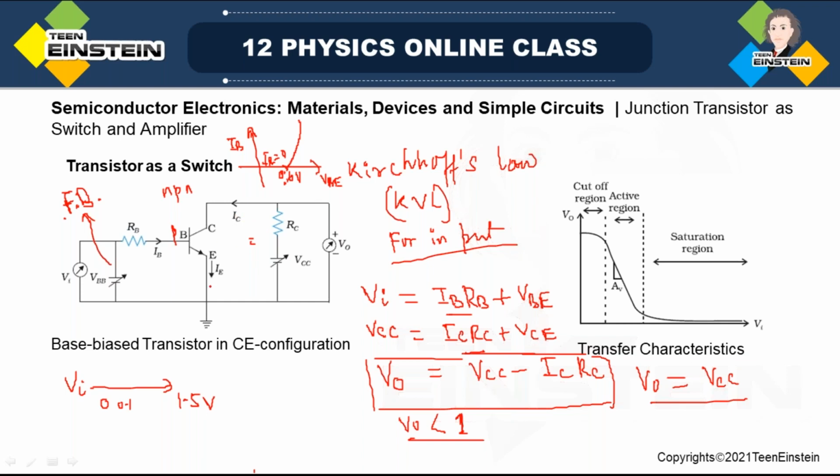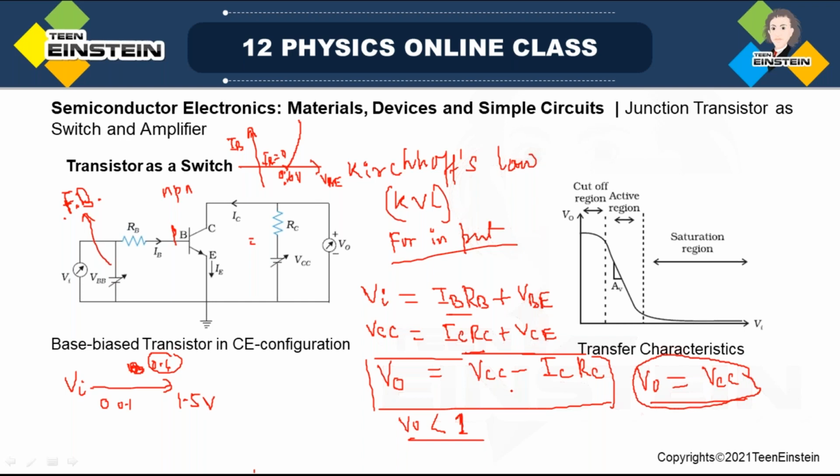So we have seen before that for input voltage VBE before 0.6, the transistor was not conducting. That is called the cutoff region. The transistor is in the cutoff state, and in the cutoff state you were getting maximum voltage.